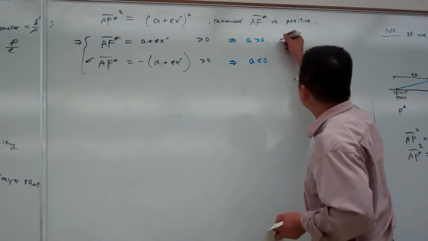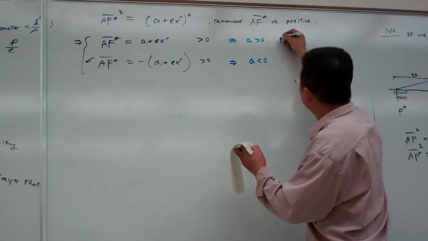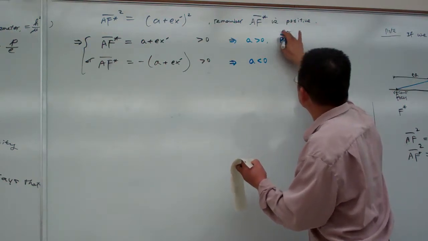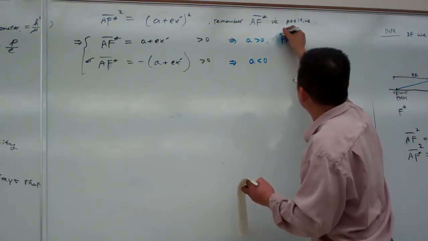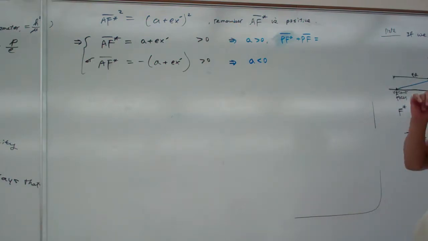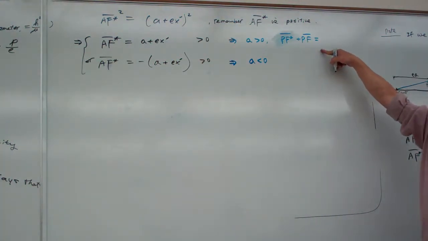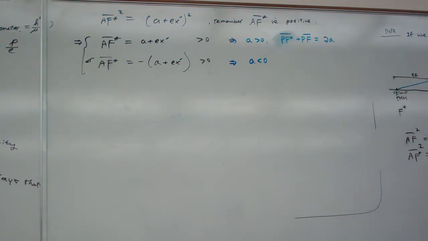So in this way, we also do these things, P star plus. With the first option, we simply do this algebra, and then we find that it's equal to 2A, because here PF is already equal to this distance.